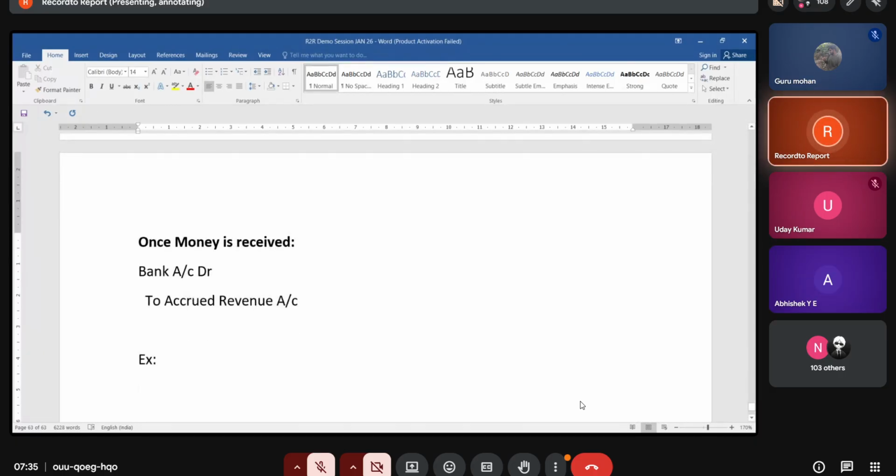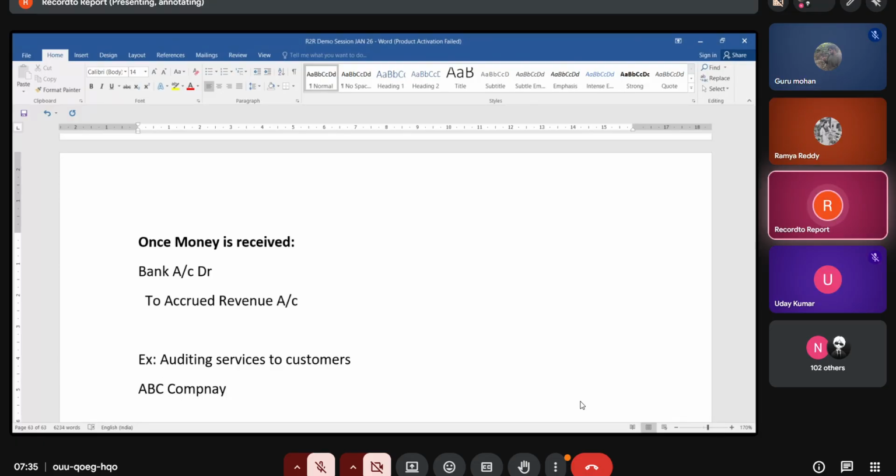So for example, assume my company is an auditing company. What is my company's nature, guys? Auditing. My company is providing auditing services to customers. So ABC company provided auditing services to XYZ company for the month of Jan 26, and there is a standard agreement.